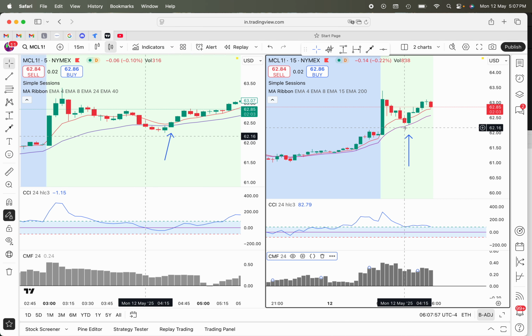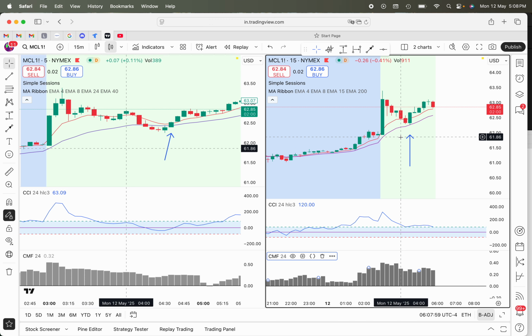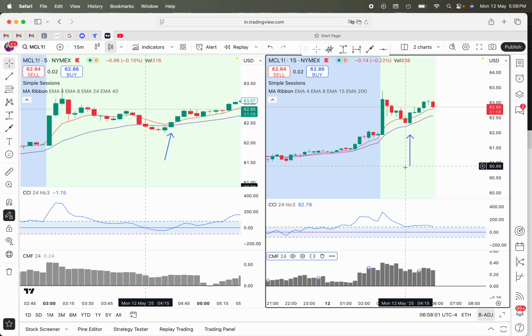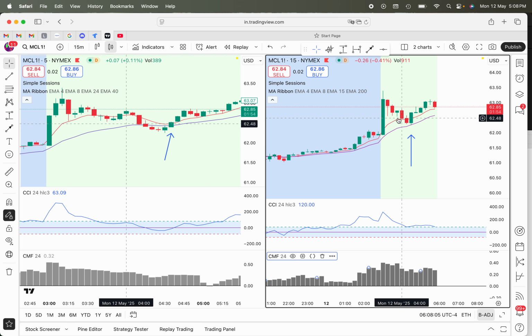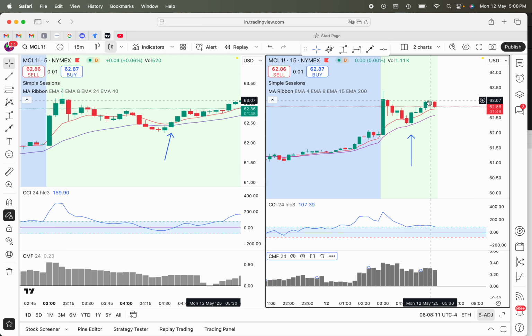Okay, so if you wanted to re-enter the market, how could you do it? One way is when a bar crosses back through the 8 EMA, to take that long. You could do that, okay?